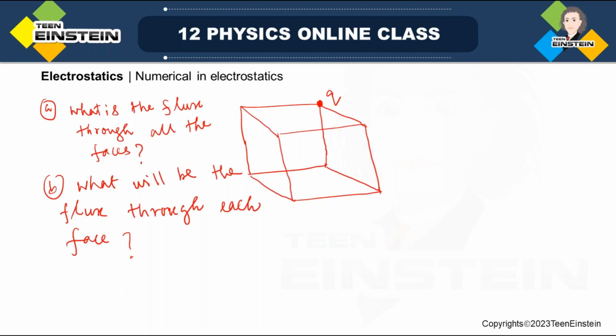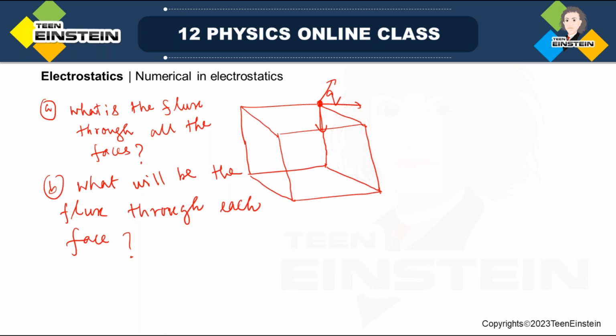See how to solve this problem. If I have a charge at any one of the corners of a cube, then how do you get the total flux through all the surfaces? First of all, the electric field from here will be symmetrical.